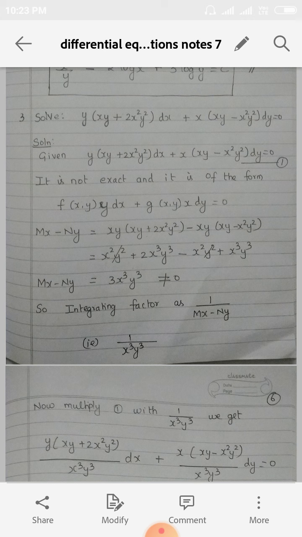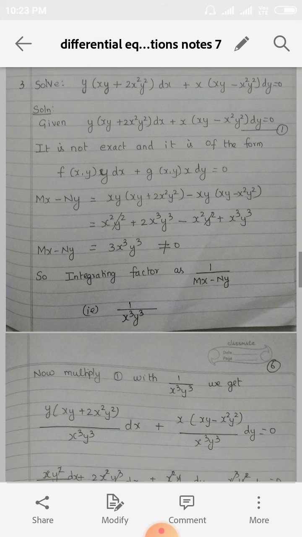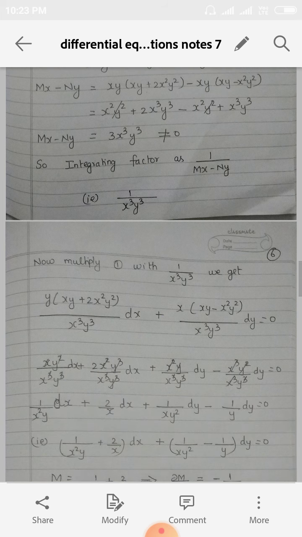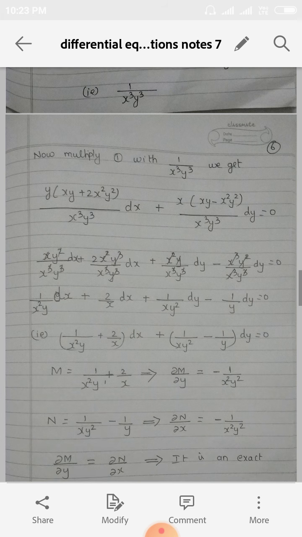In the last problem, the integrating factor was 1 by Mx plus Ny, but here the integrating factor is 1 by Mx minus Ny, so that is 1 by x cube y cube. So multiply equation 1 with 1 by x cube y cube, and we get this equation.